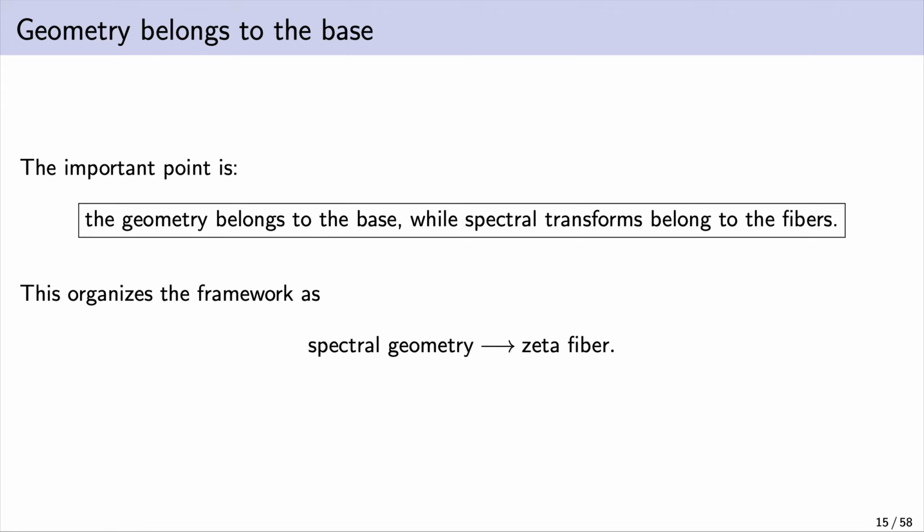So basically we have the spectral geometry sitting on the base. We want a way to transform it into a zeta fiber upstairs.